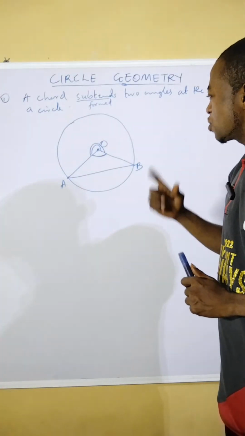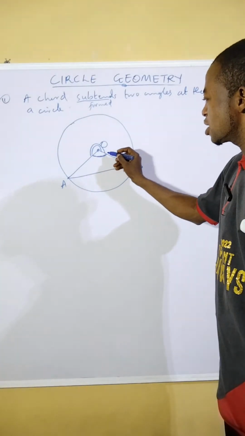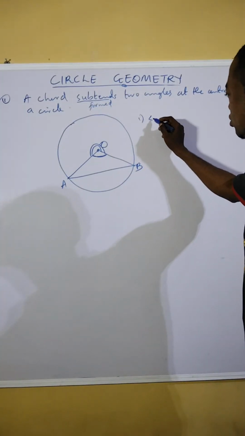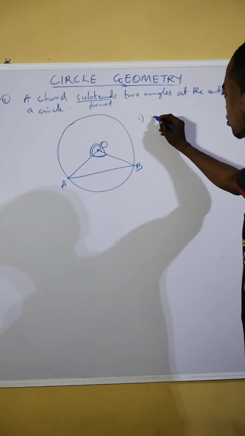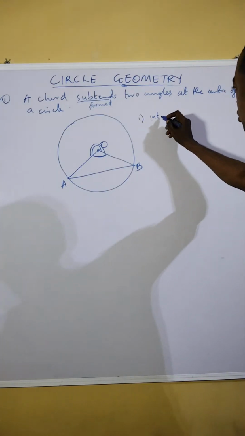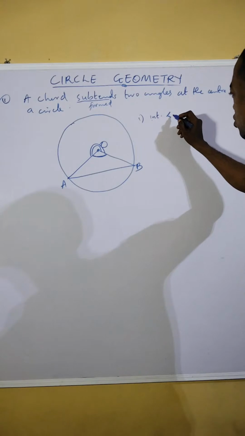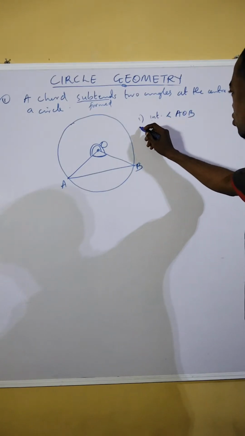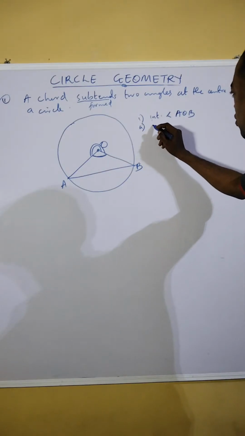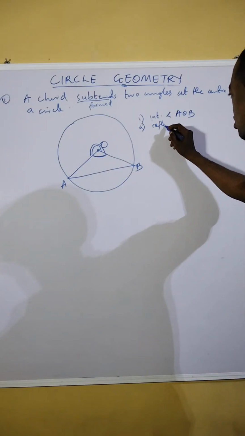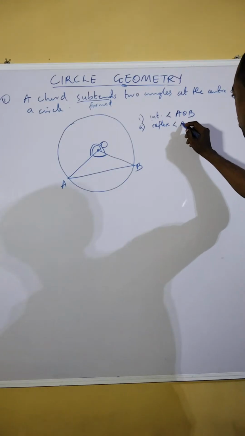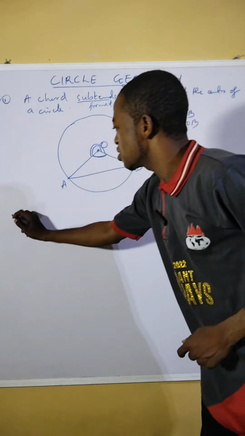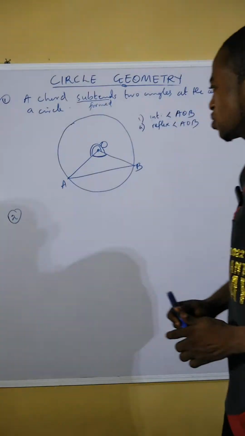We have two angles there, one inside and one outside. So we can say that one is the interior angle AOB at the center. Also, we have reflex angle AOB at the center. So the one outside is the reflex angle. That is the first thing we need to establish here.